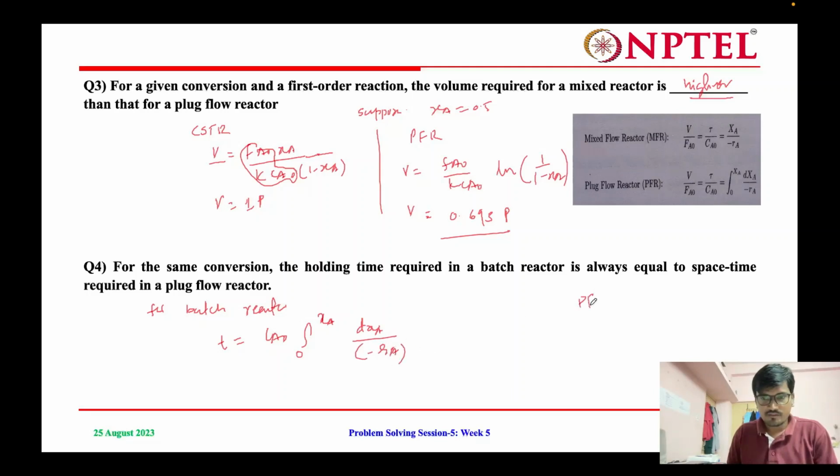And for the PFR, tau equals CA naught integral 0 to XAF of dXA divided by minus RA. So for the same conversion, the holding time in a batch reactor is equal to the space time for the plug flow reactor. So it is a true statement.